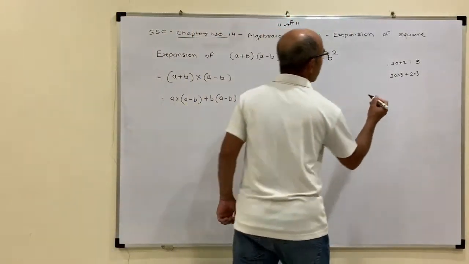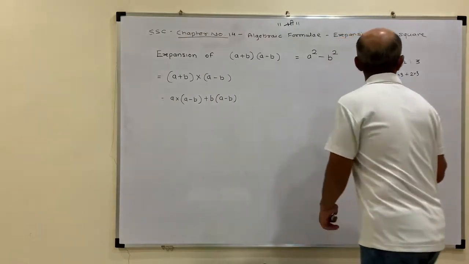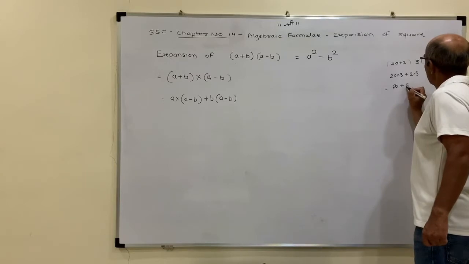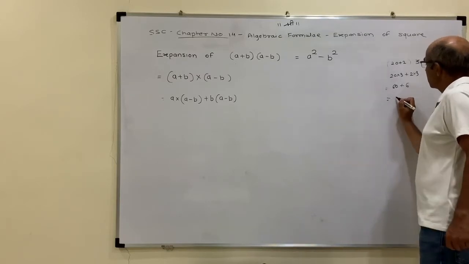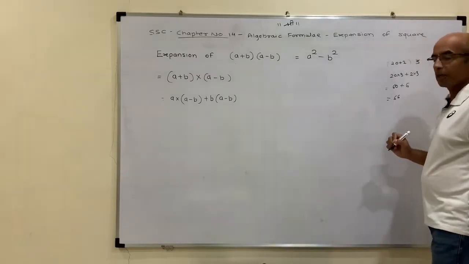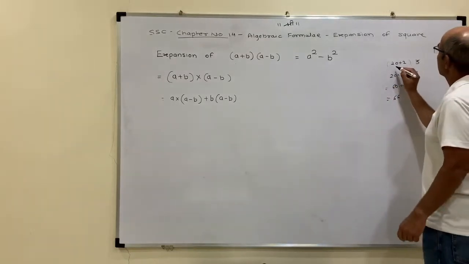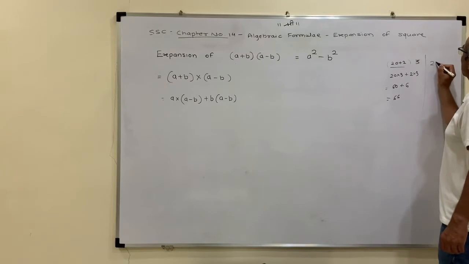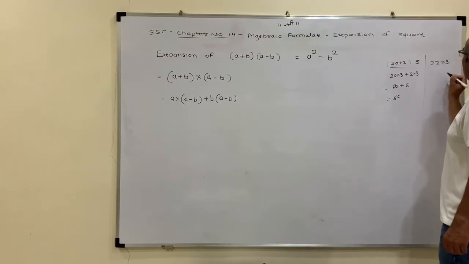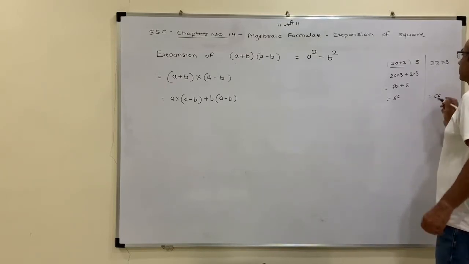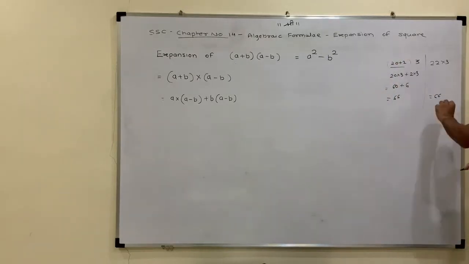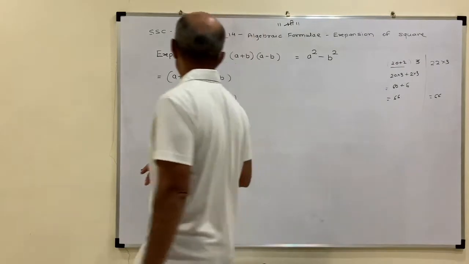If you calculate, 20 into 3 is 60, 2 into 3 is 6, so it comes out to be 60 plus 6, 66. If I do the addition first, 20 plus 2 is 22, into 3, that is equal to 66. So the associative property stands true for multiplication.